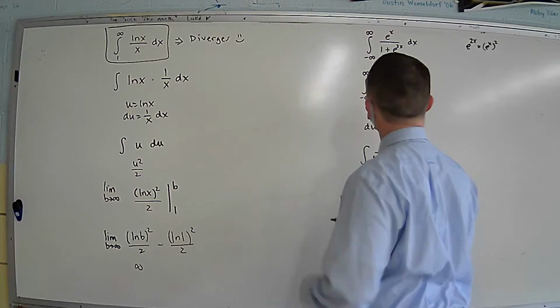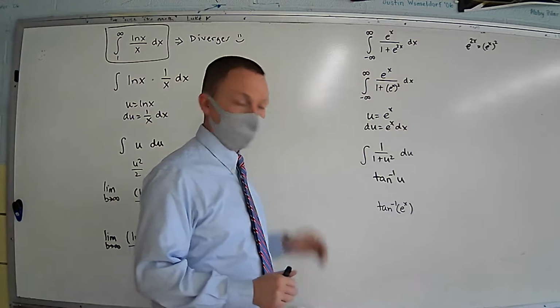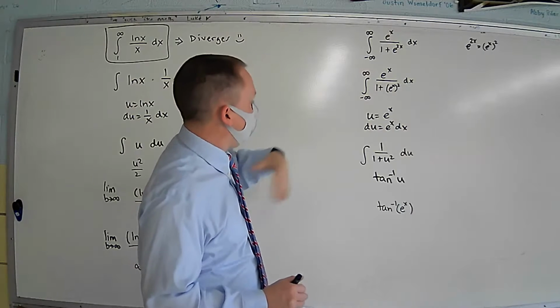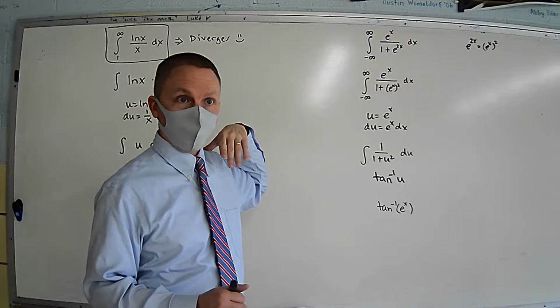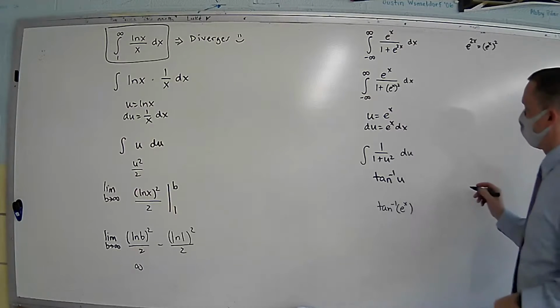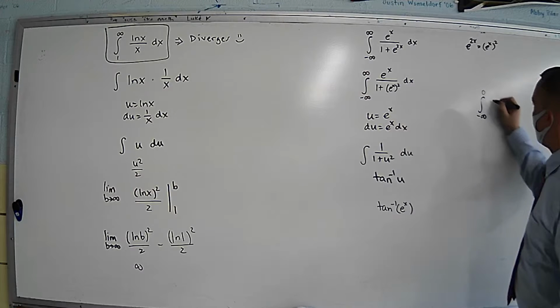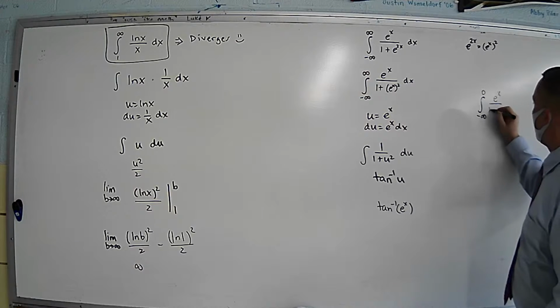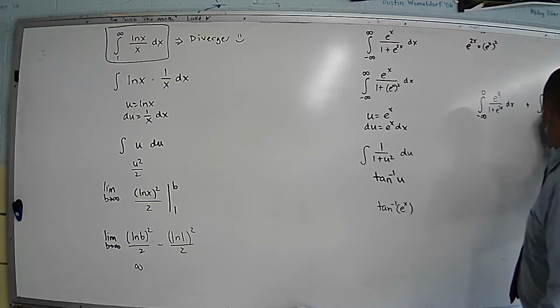And now we'll do the limit. So that's our antiderivative, right? Technically speaking, we need to break this up into two chunks. So we go back and do the integral from negative infinity to 0 of e to the x over 1 plus e to the 2x, plus the integral from 0 to infinity of e to the x over 1 plus e to the 2x.